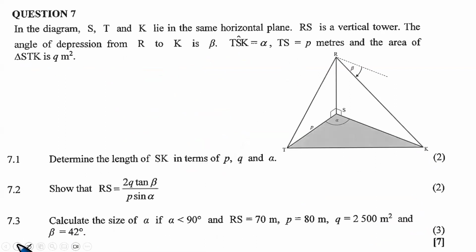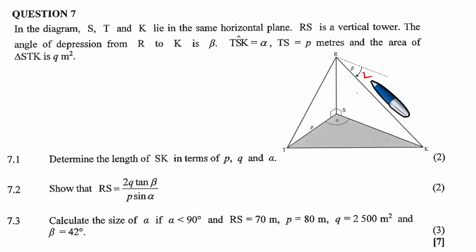Right, the next question is question 7 in the diagram. S, T, and K lie in the same horizontal plane. RS is the vertical tower. The angle of depression from R to K is beta.